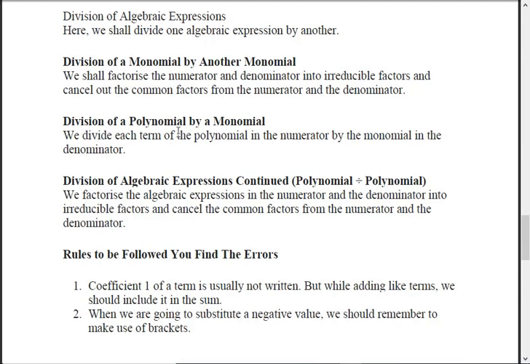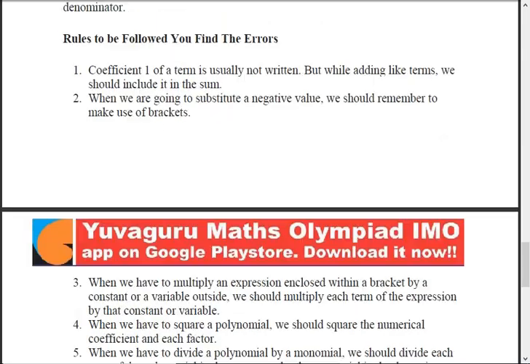We have done this also. Division of algebraic expression means polynomial by polynomial. In that case, we factorize all the algebraic expressions in the numerator and the denominator into irreducible factors, meaning which cannot be divided further, and cancel the common factors from numerator and denominator, right? This way. All these 3 we have already done.